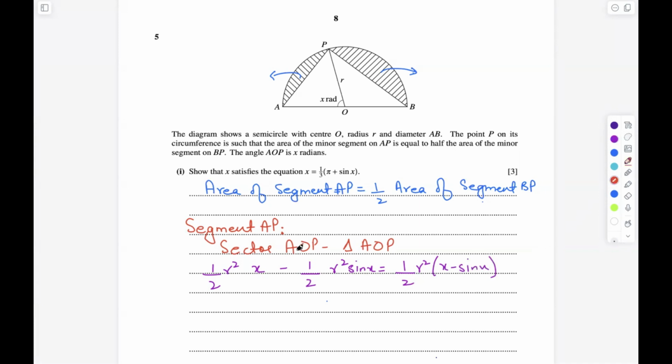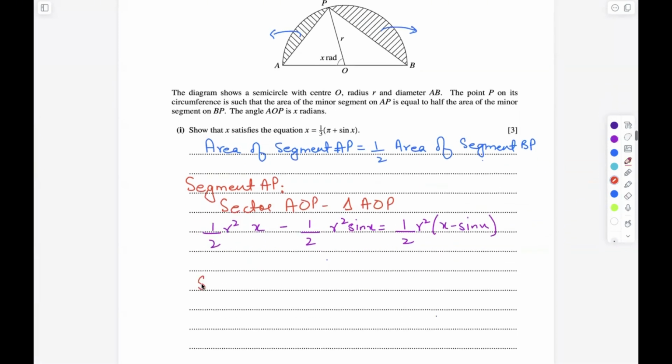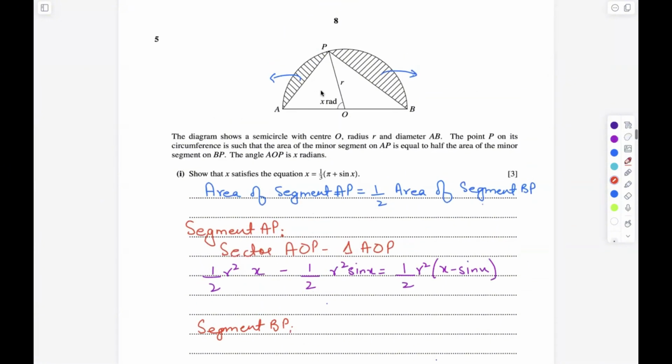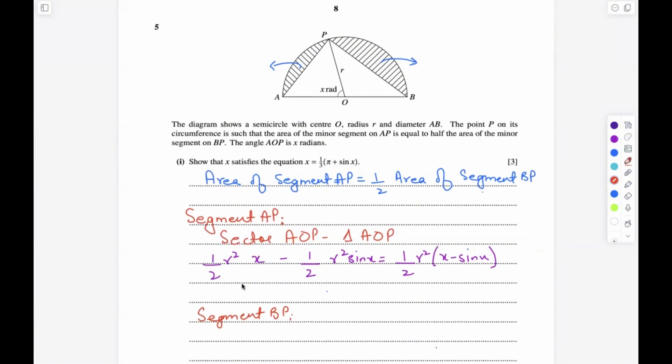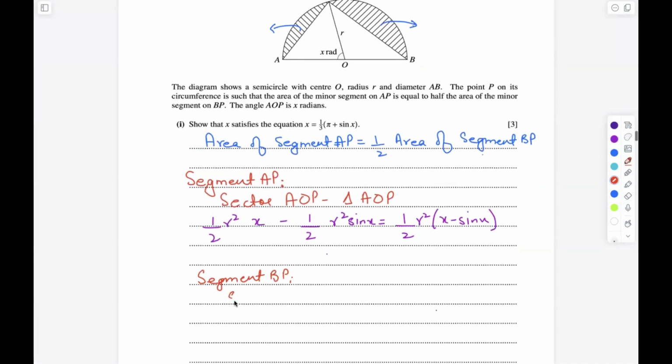Now finding the area of segment BP, we'll find it the same way as we did for the segment AP. So the area of segment BP is equal to the area of sector OBP minus the triangle OBP.